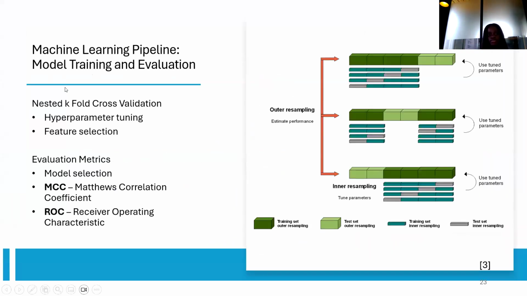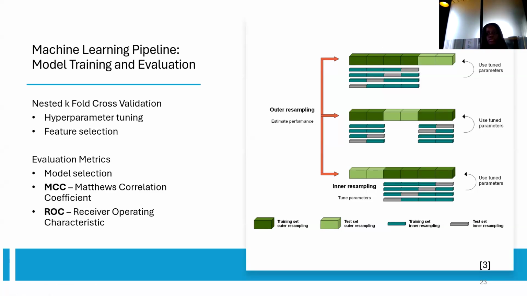So with nested k-fold cross-validation, K is just how many folds you decide to do. With this one here, we can see it as a 3-fold cross-validation, because we split the data into 3 different folds.